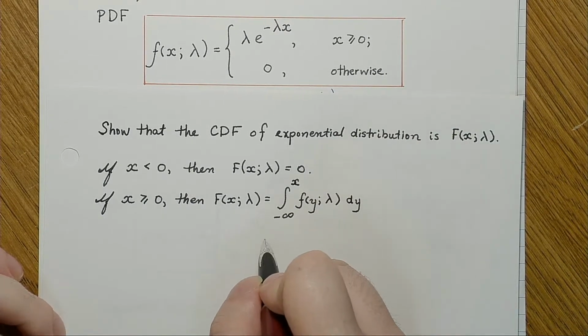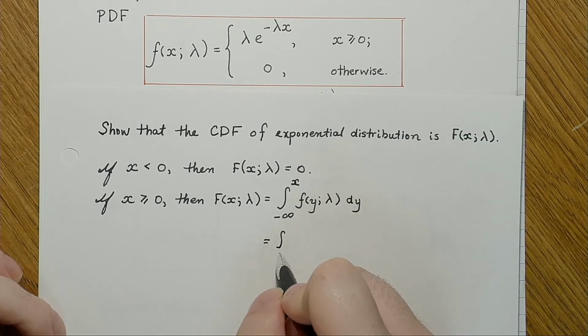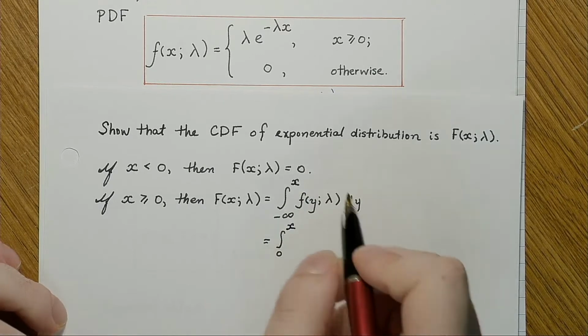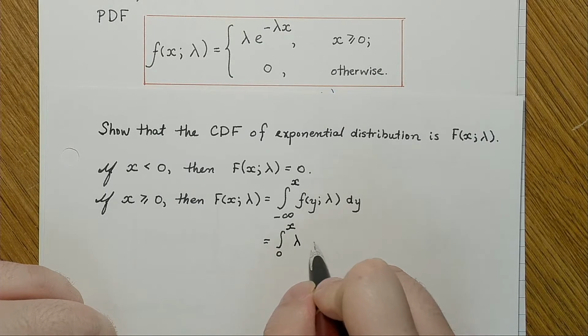So what I can do then is rewrite this. I just have to worry from 0 to x. And I will write in the function using my dummy variable.